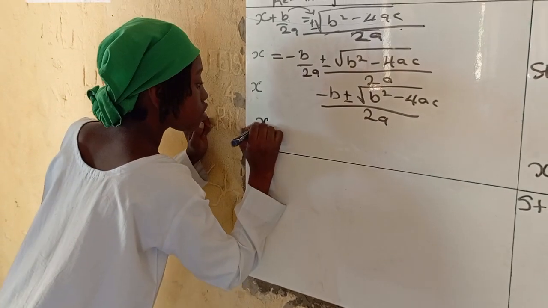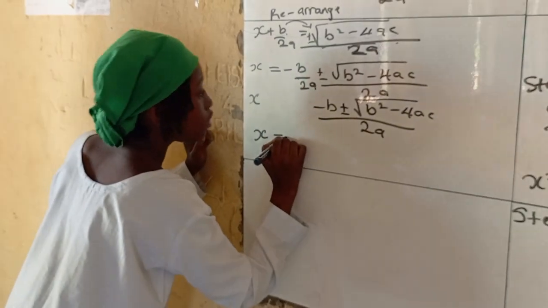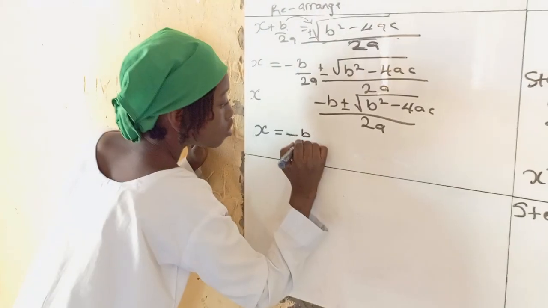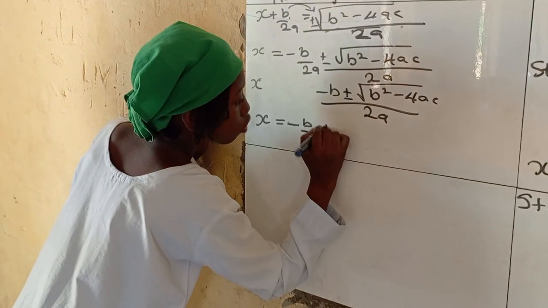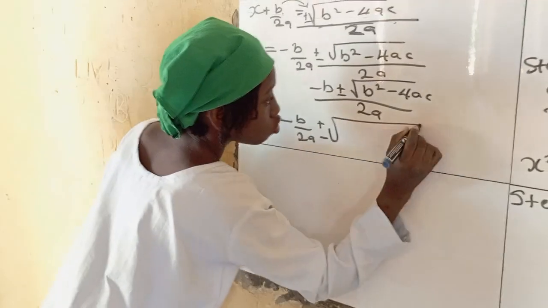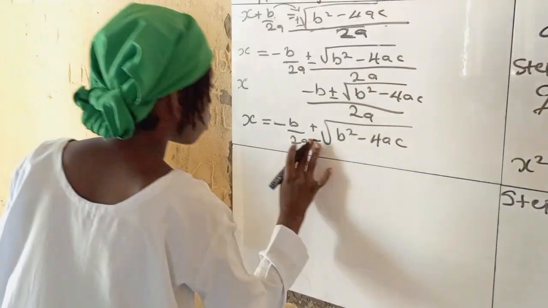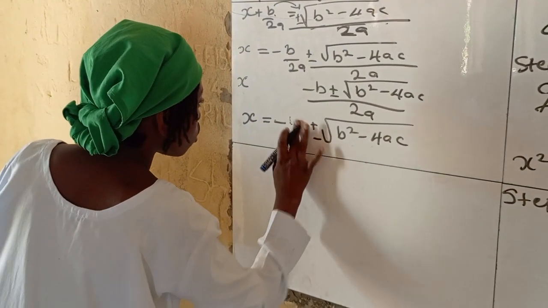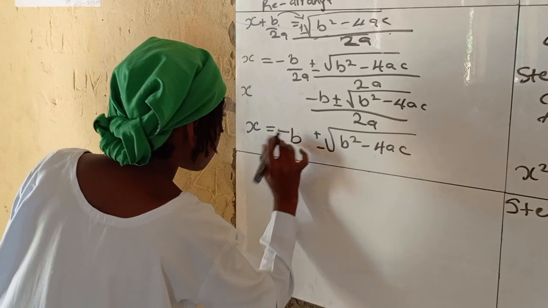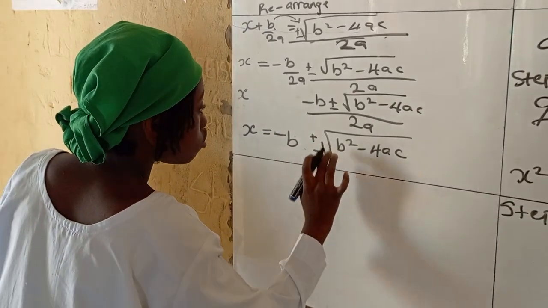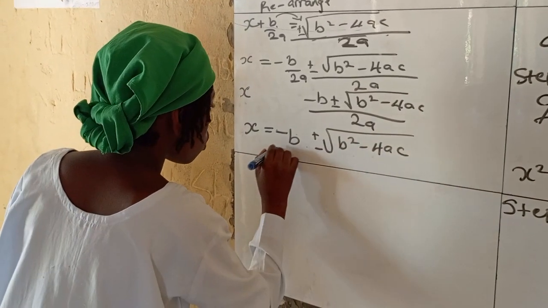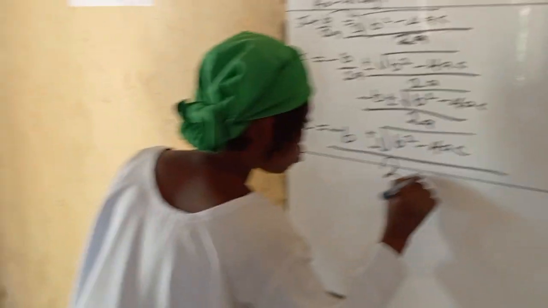Then at this point now, we have derived our almighty formula, which is minus b all over 2a plus or minus root b squared minus 4ac. Minus b plus or minus root b squared minus 4ac all over 2a.